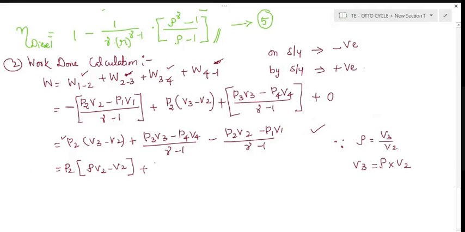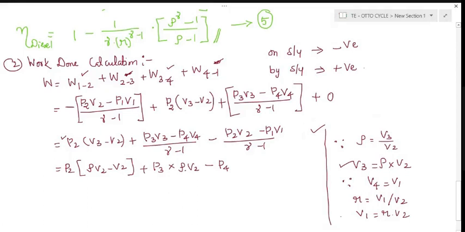Next, P3. Again the same thing: instead of V3, you can use this equation as rho into V2, minus P4, and instead of V4, because of the constant volume process, V4 equals V1. You also know that the compression ratio R equals V1 by V2, so V1 equals R into V2.